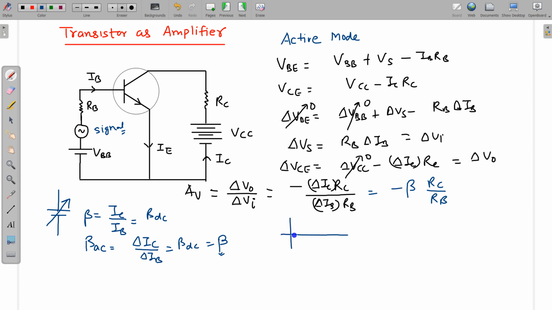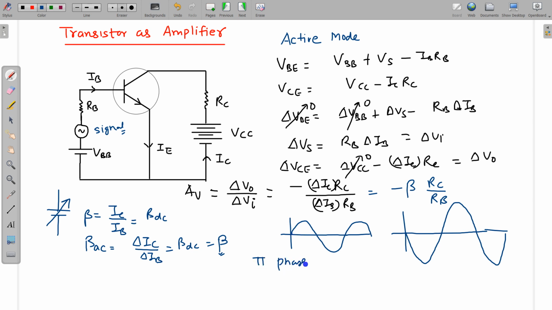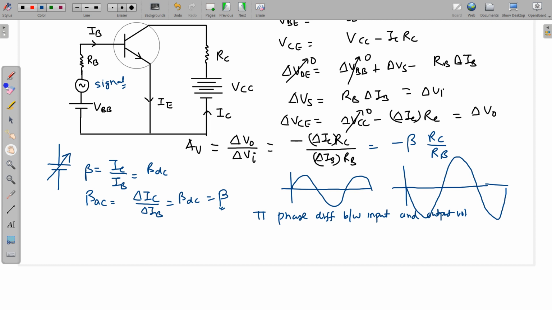If the input signal is something like this, the output will be amplified, with larger amplitudes. The signal will be a copy of the input, but amplified, and there will be a pi phase difference between input and output voltages.